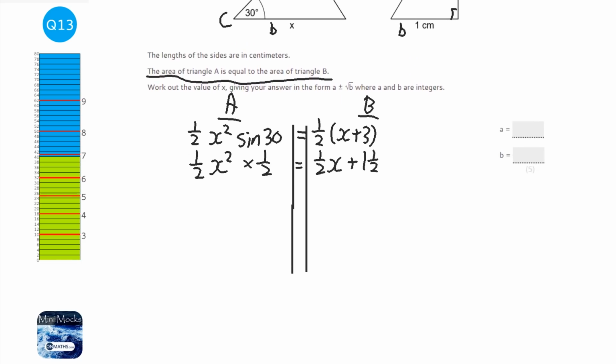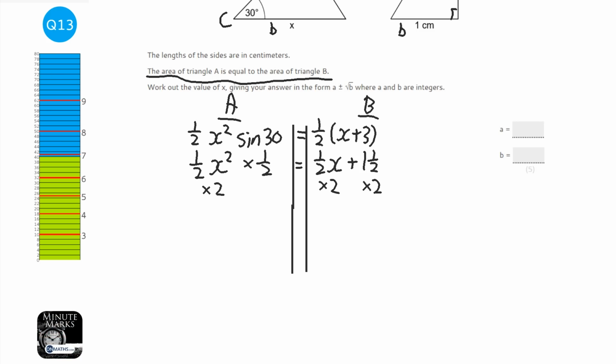Okay, cool. Okay, next thing we're going to do is, looking at that, I'm just going to times everything by 2. And you've got to times everything by 2, so don't just do it once, both sides. You've got to times everything by 2, and actually that's part of the same term.